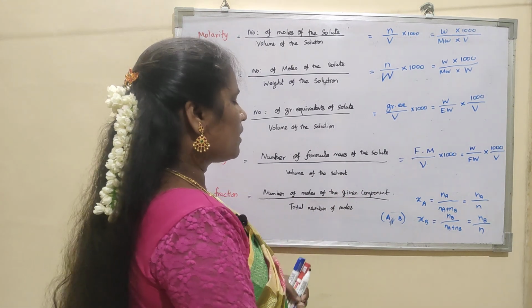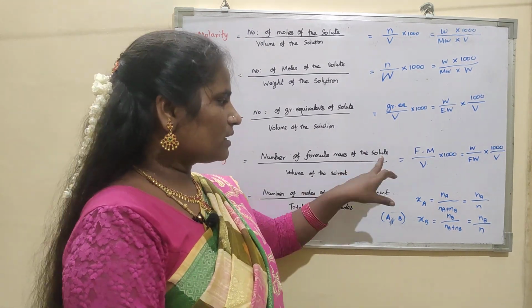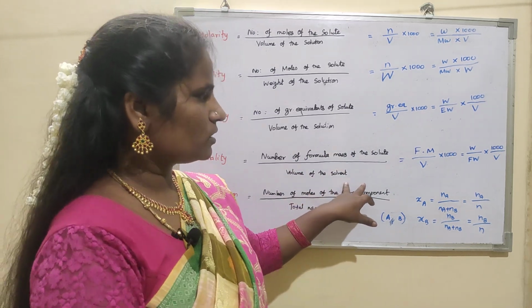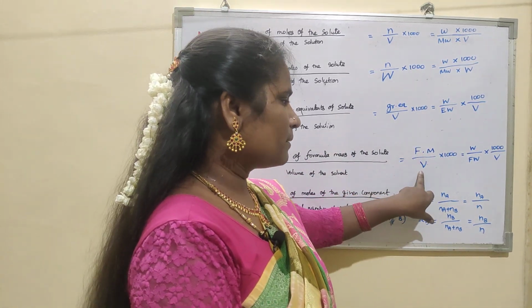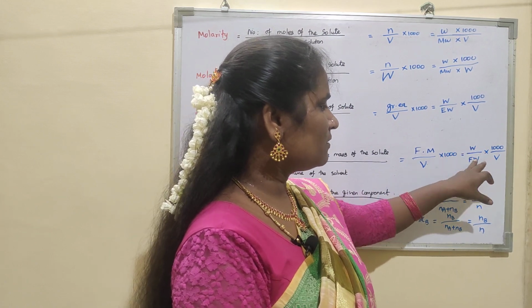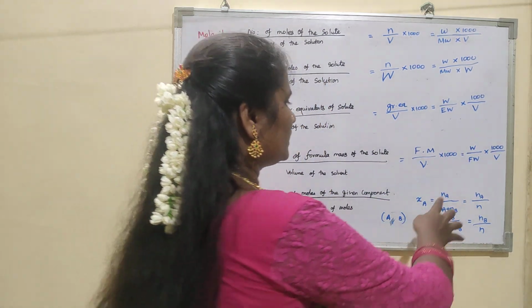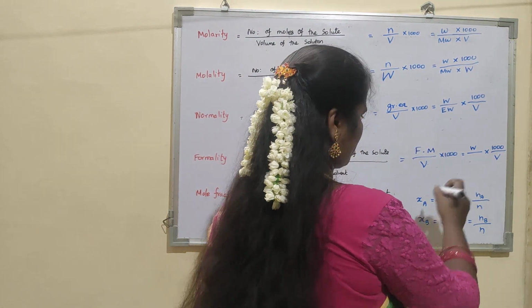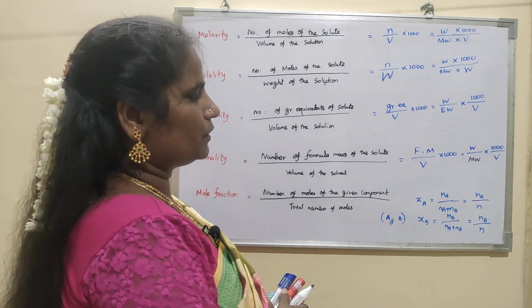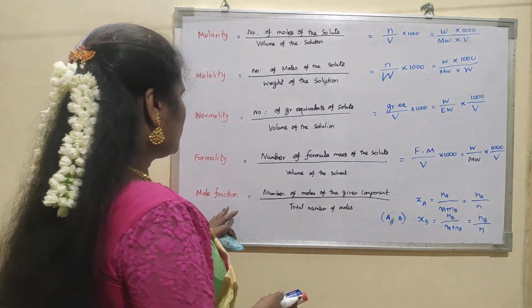So we have to take the formula mass of the given ionic substance, that is the solute, and the volume of the solution. So formula mass divided by volume into 1000. Formula mass is the weight divided by the molecular weight of the given formula unit, into 1000 by V.